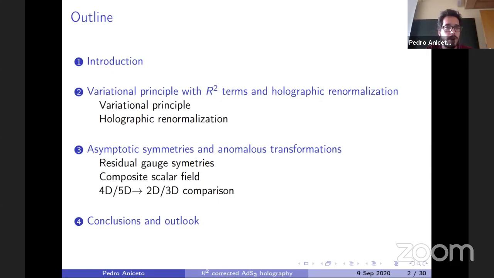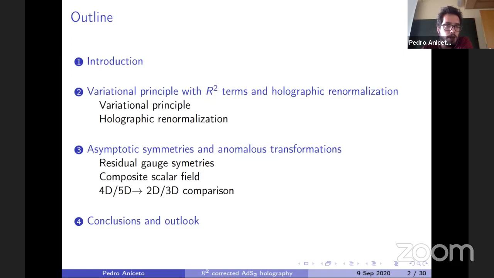I will start by giving you the main motivation for the work that we have been developing, and presenting you the theory that we'll be studying. Then I will go on with the discussion of how to proceed with reducing this theory to, in our case, 2 dimensions, and then create a well-defined variational principle for it, and then proceed with its holographic renormalization.